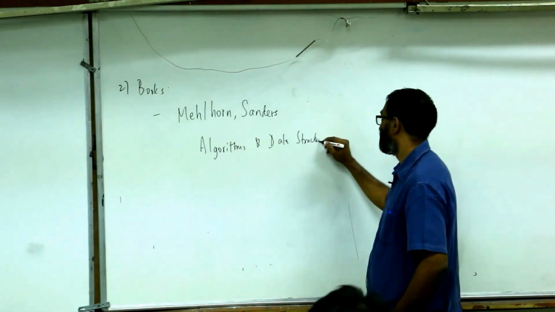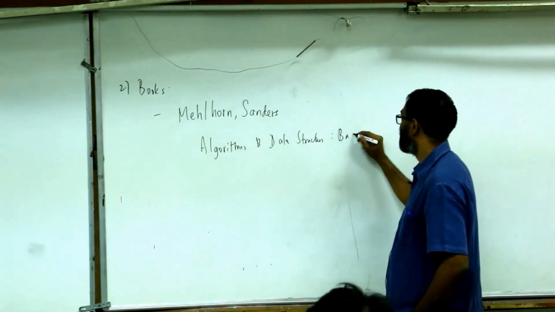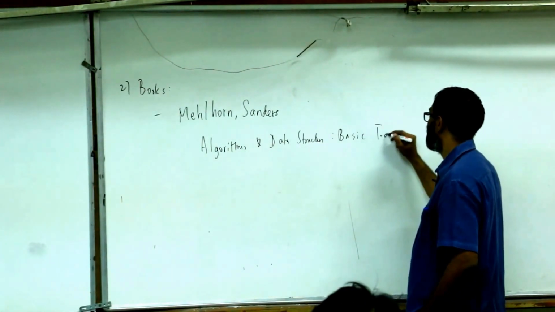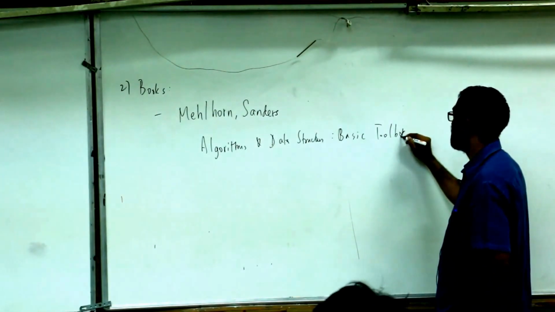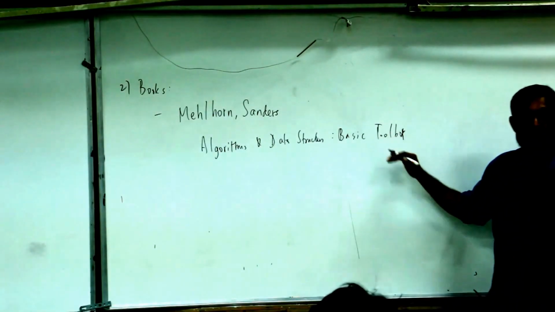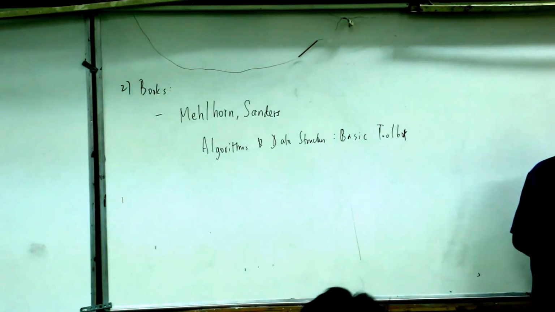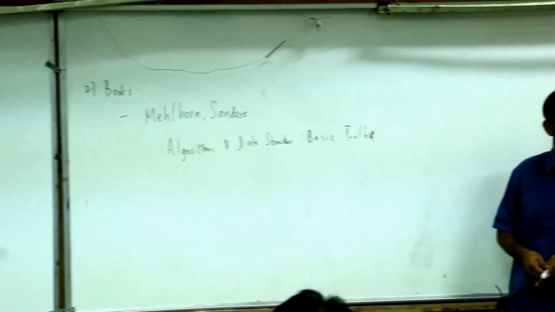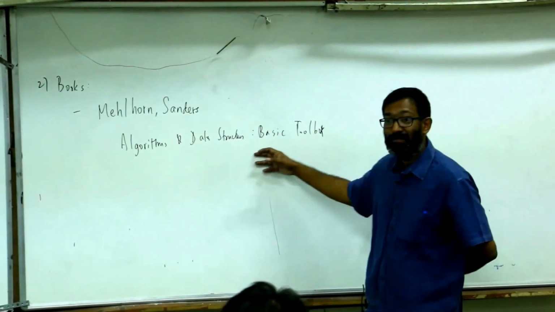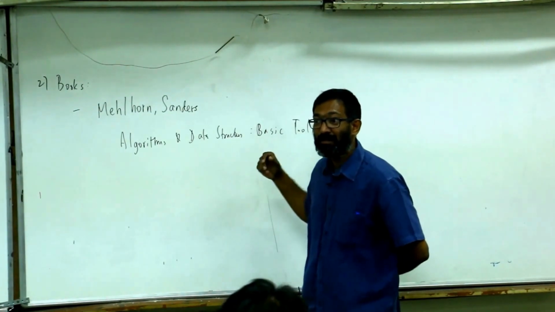It's called the basic blue box. I like this book because it's small. You can carry it around, unlike CLRS. So that's one big advantage.